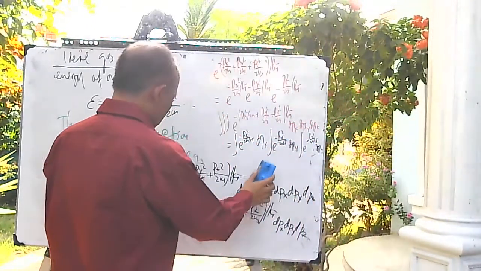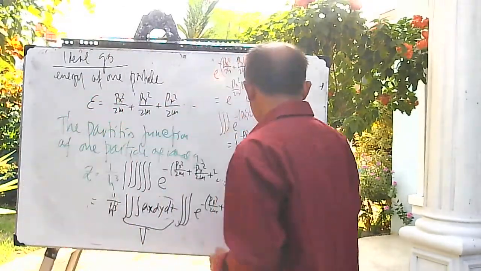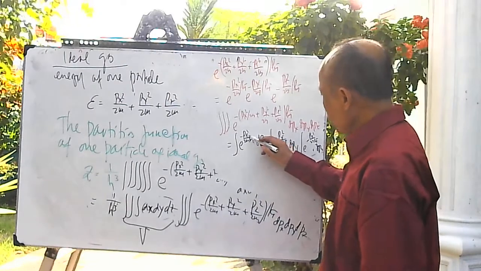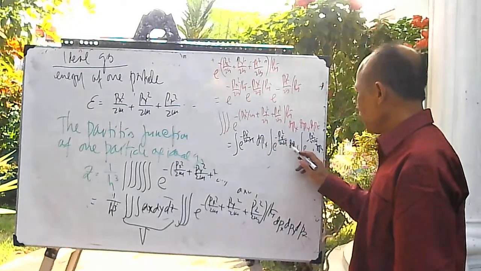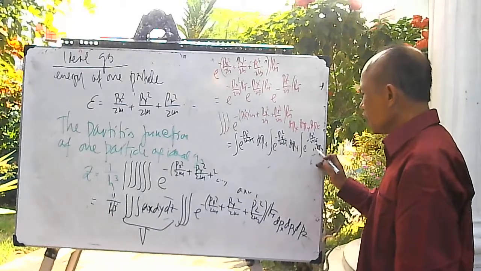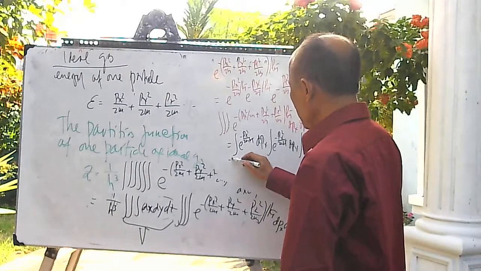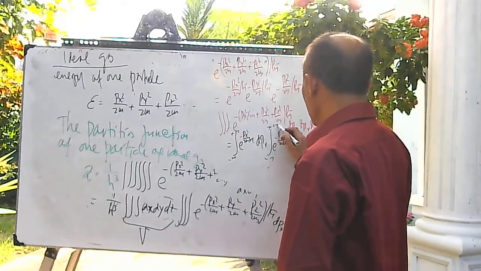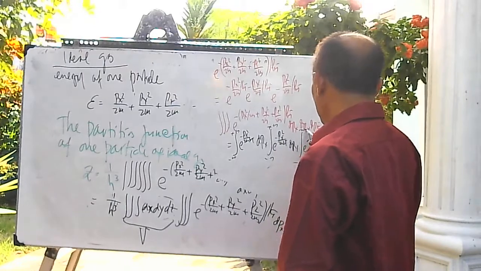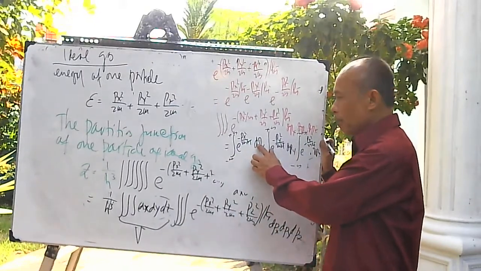Now, let us see here. The difference between the three integrals is only in the variable: px, dpx, py, dpy, pz, dpz. After the integration is performed, from minus infinity to plus infinity, the variable p will disappear.